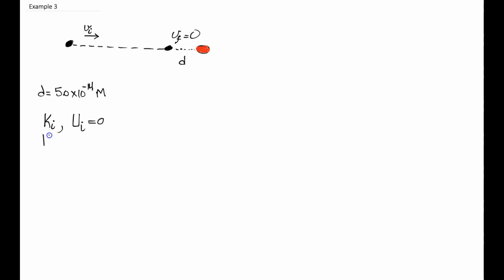And then we have the final kinetic energy, which we're going to call K sub F. We're going to set that equal to 0, otherwise D would be smaller. And then we have some final potential energy given by our electric potential energy formula.